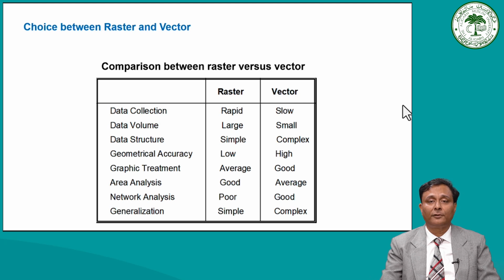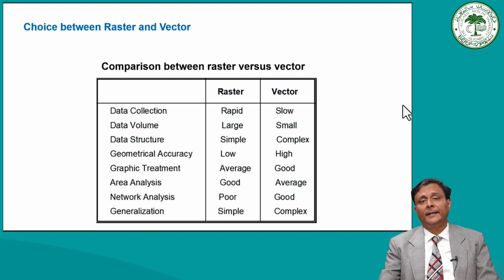But here I would also like to point out that in modern day, most of the sources of spatial information, I mean the satellite imageries and remotely sensed data, come in raster format. So there the compatibility is more with the raster data rather than vector data.